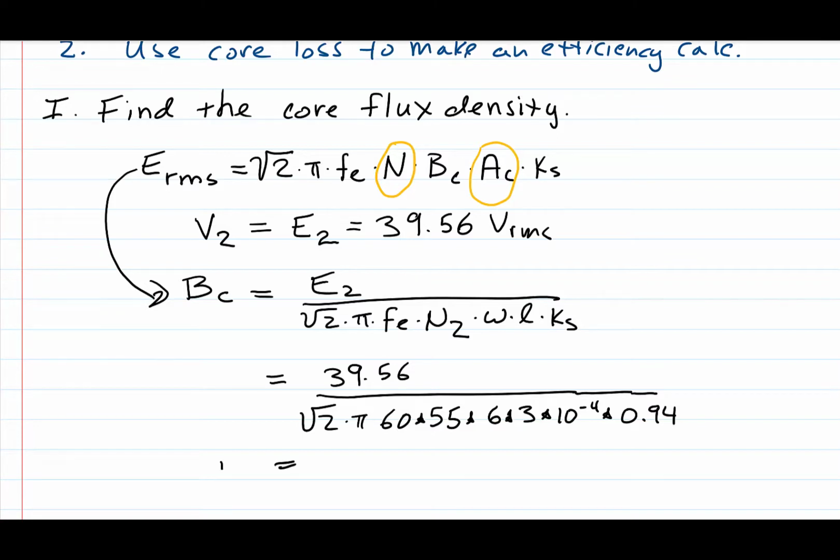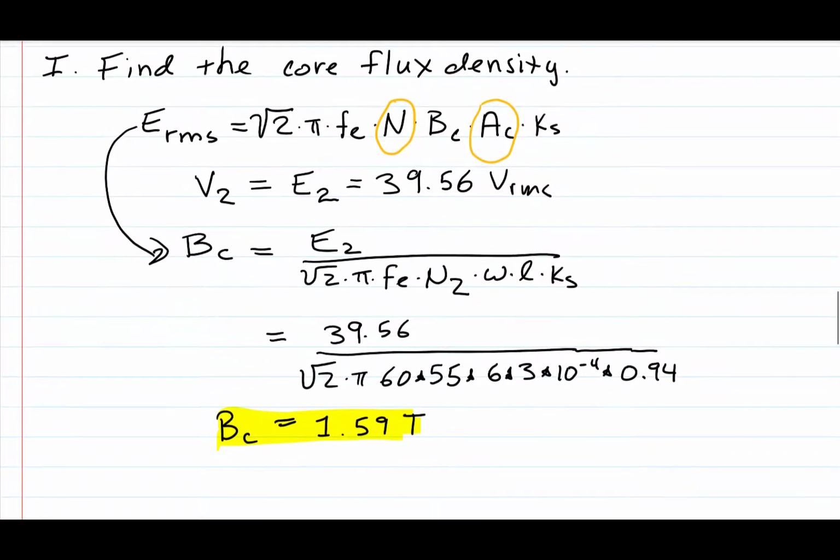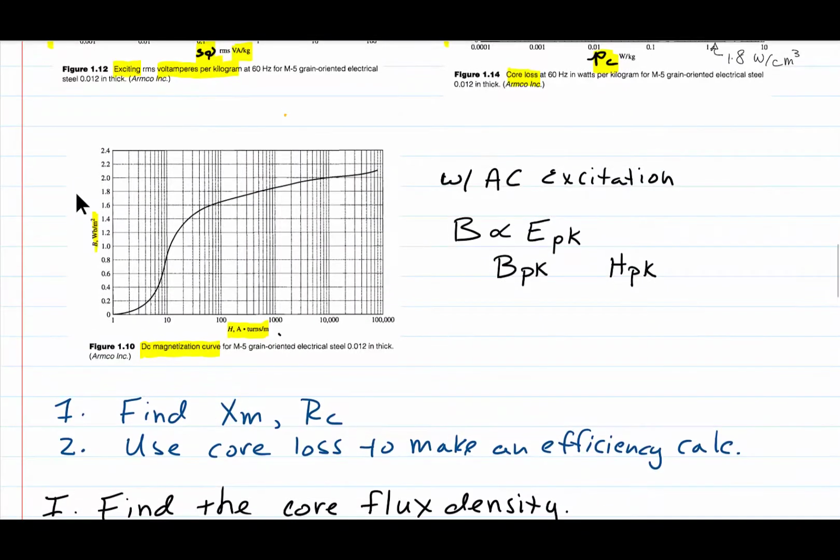We end up with a core flux density of 1.59 Tesla. Now this tells me that we've done a good job of coming up with a good example problem, because if we look at our curve, it is placing us pretty close to the knee.